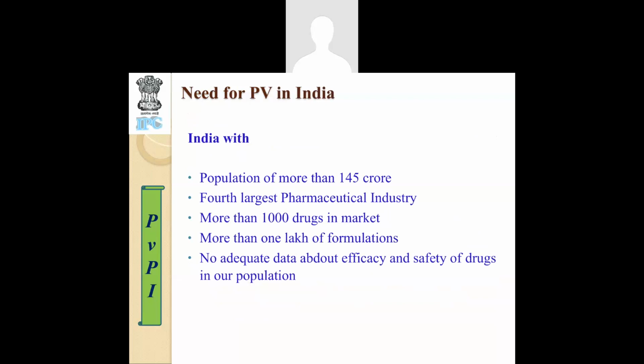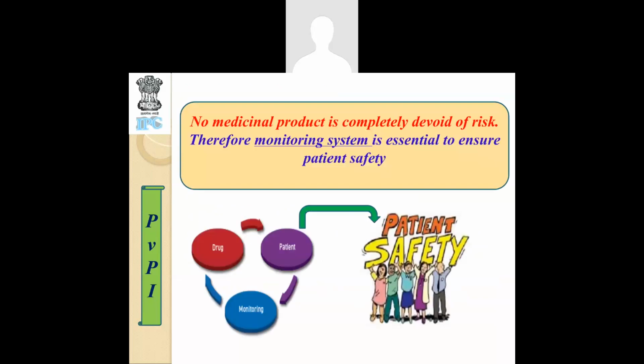So that is the main motto. In order to capture the efficacy and safety data in our Indian population, the Pharmacovigilance Program of India was started. In mind, remember that no medicinal product is completely devoid of risk. There is no drug with 100% safety. We cannot assure that the patient may not develop a reaction at any time, with any drug.